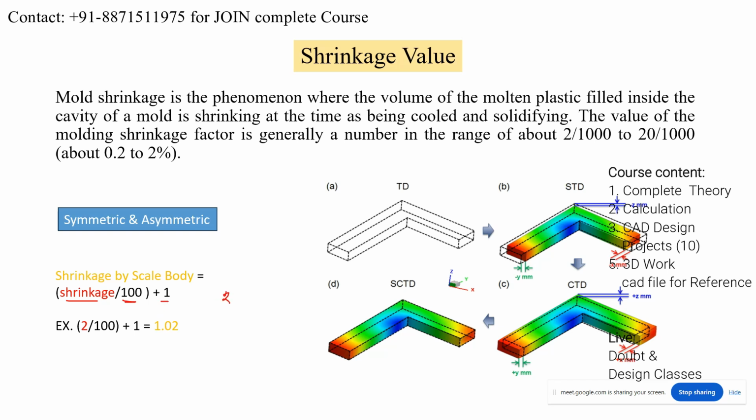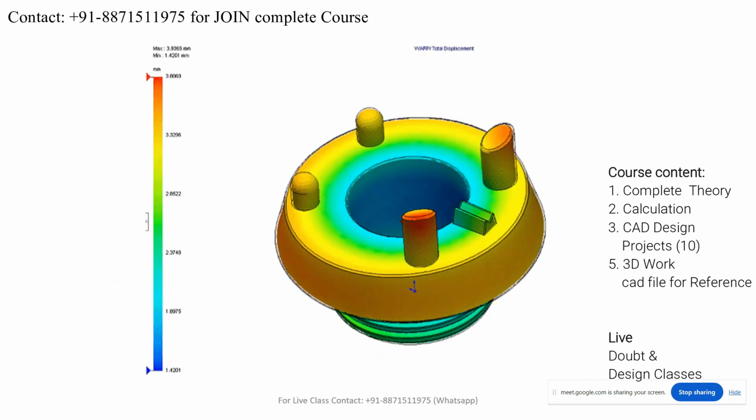For example, you have a 2% shrinkage for that specific dimension. So shrinkage divided by 100, you will get 0.02, and plus 1. So you have to scale the body by 1.02, right or wrong? Yes. Understood about the shrinkage?